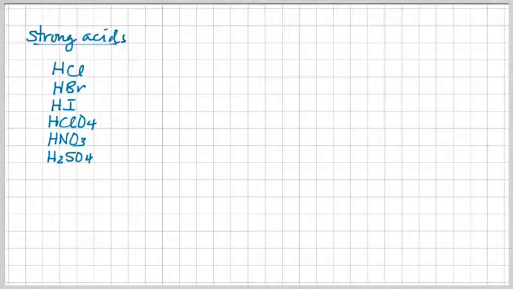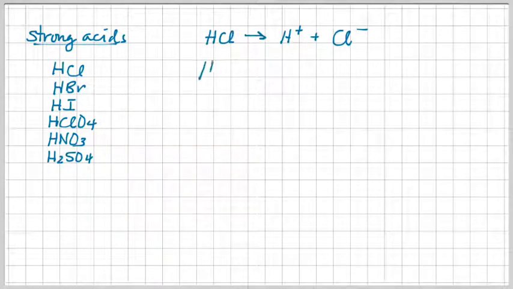So the way you identify whether it's a strong acid or a weak acid, if it's on the list, it's a strong acid. If it's not on the list, it's a weak acid. Why that's important is because a strong acid, when you put it in water, will ionize completely. A weak acid, like HF, only ionizes partially.